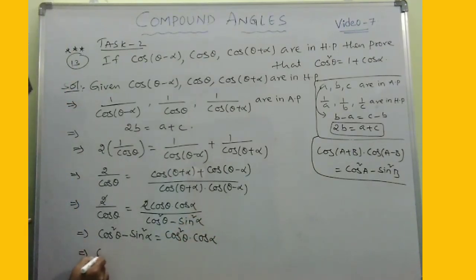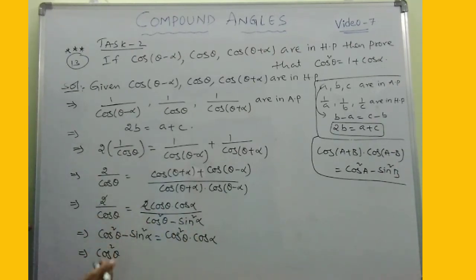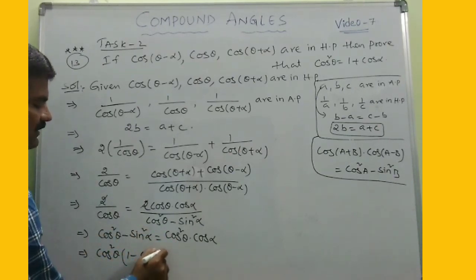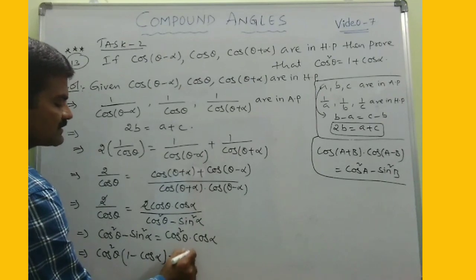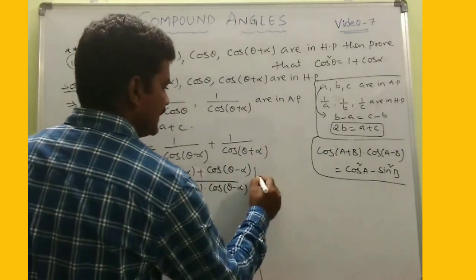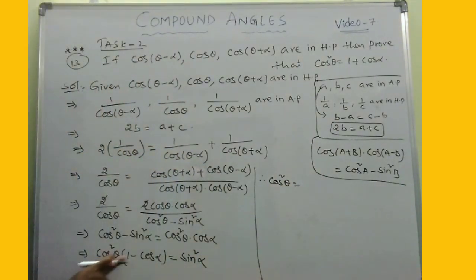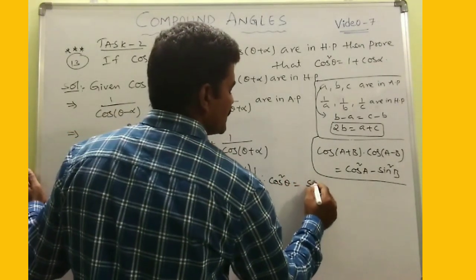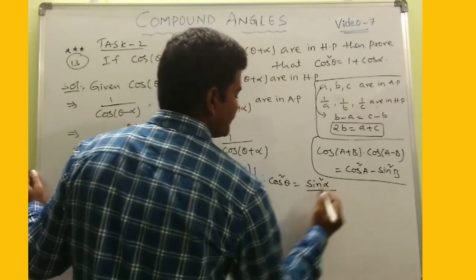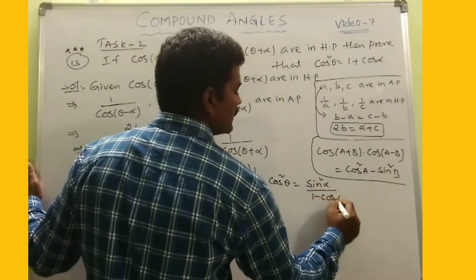So coming to next step, my dear, please bring this one to this side, and also take cos square theta common, then 1 minus cos alpha, which is equals to sin square alpha. Okay, so therefore from this, can you tell me what is cos square theta equals to? Cos square theta is equals to sin square alpha by 1 minus cos alpha.